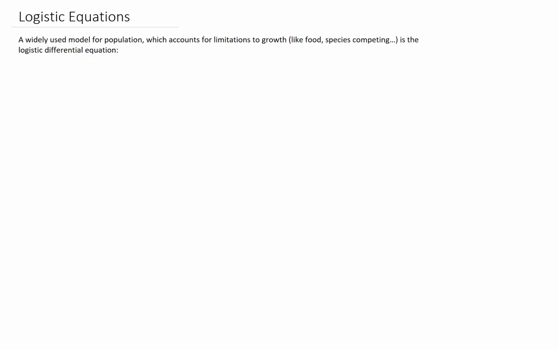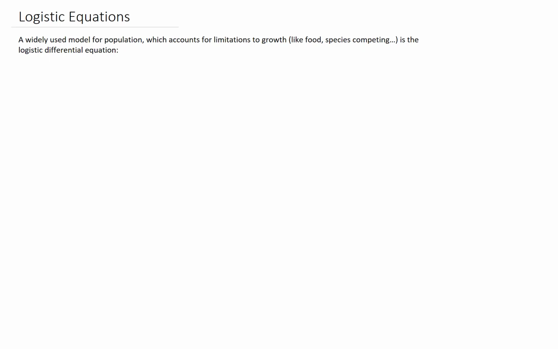Logistic equations are a widely used model for population because they can account for limitations to growth, like food, competition between species, water sources, all sorts of things like that.